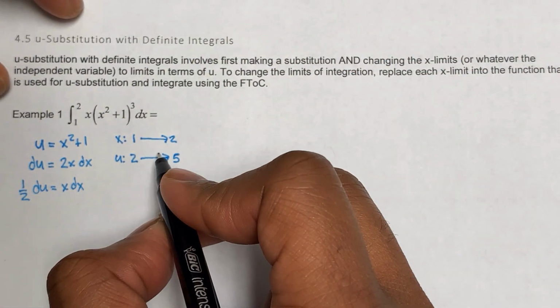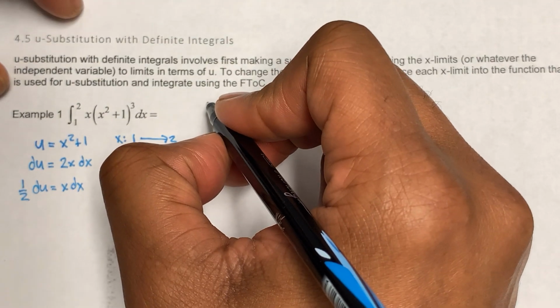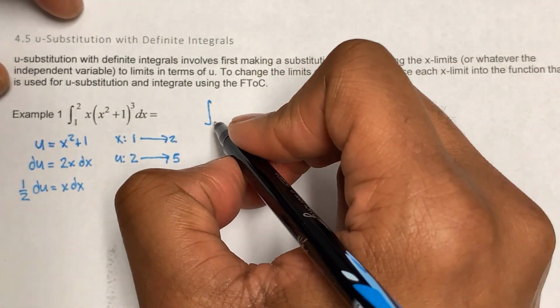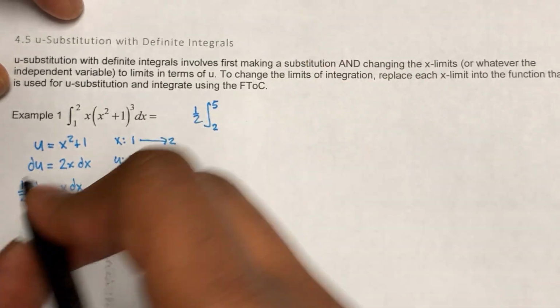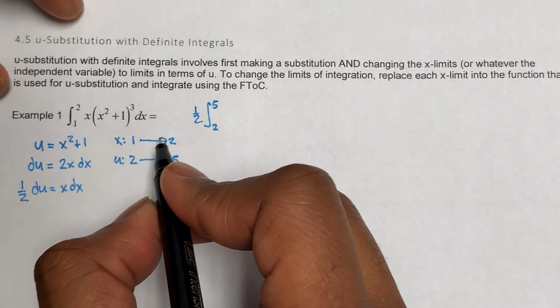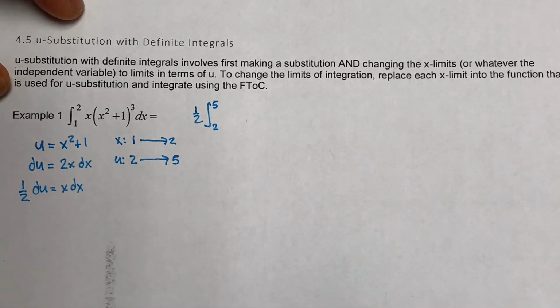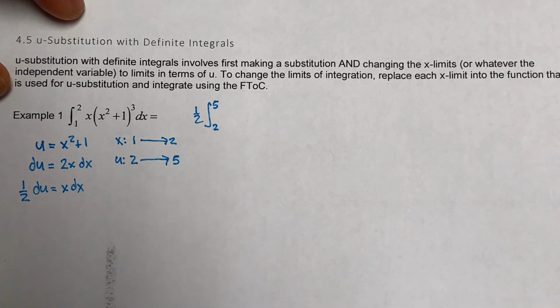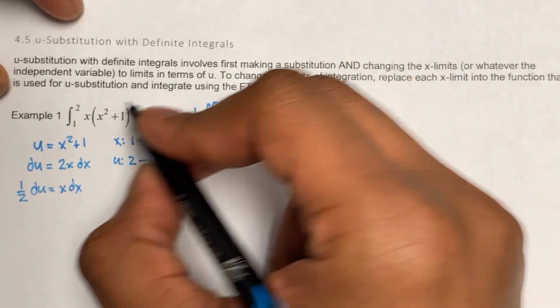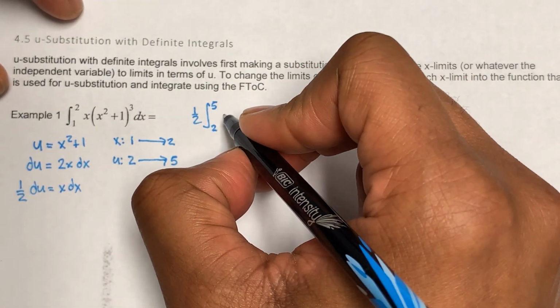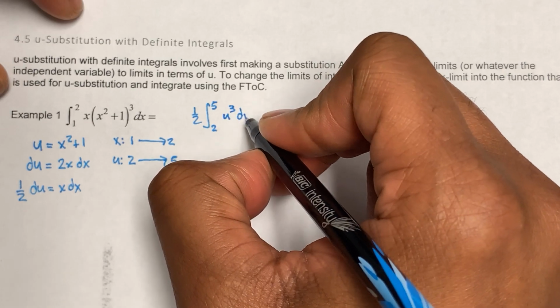So when we rewrite our integral, we're going to have an integral from 2 to 5. We'll just put the 1/2 in the front, and we'll have 1/2, just u cubed du.